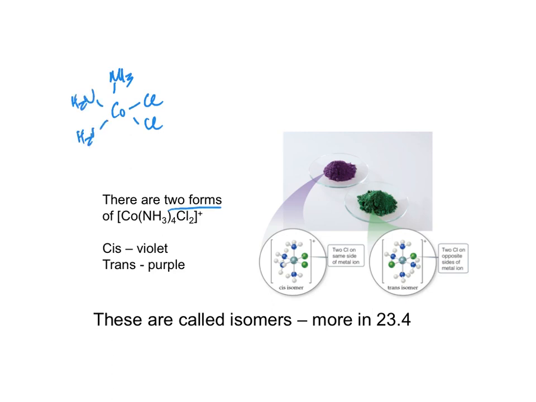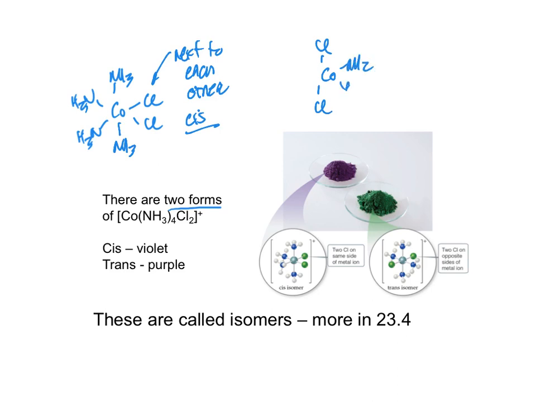Okay, here are my amine groups, and there is my chloride group. Notice these two are next to each other, and because they're next to each other, they are called cis. If I draw this and put the chlorines across from each other, those are going to be called trans.